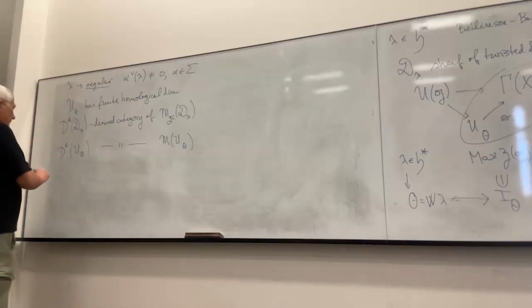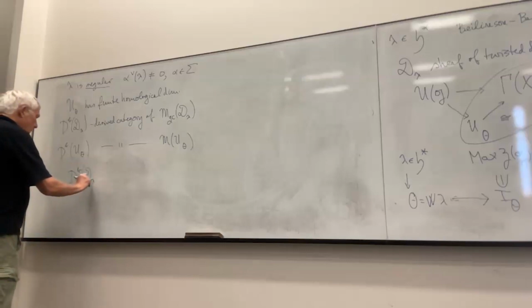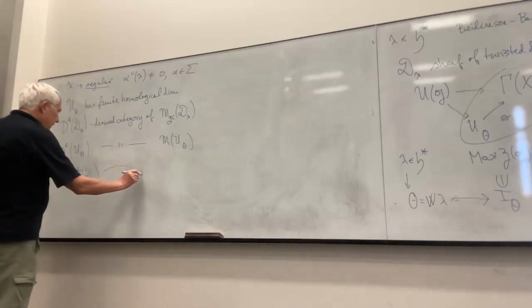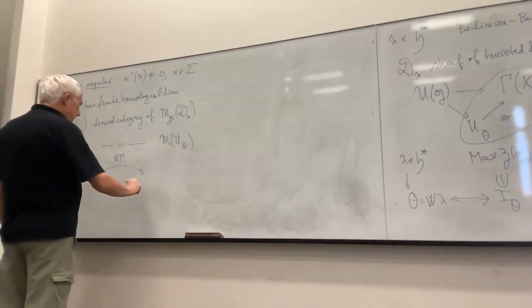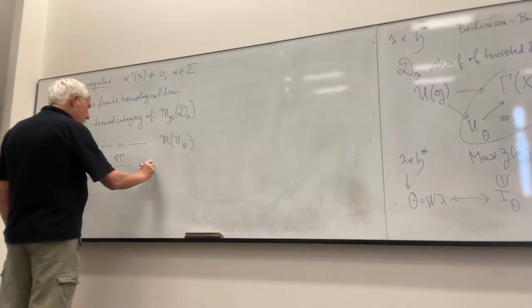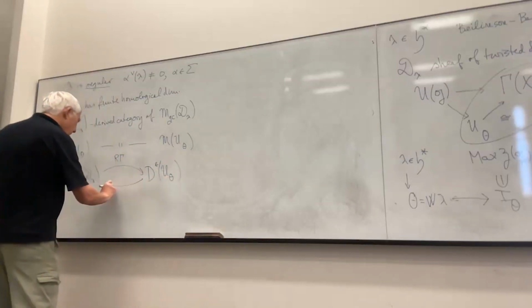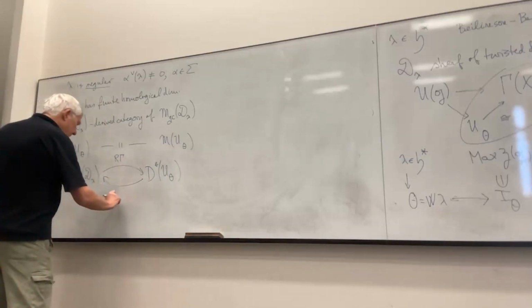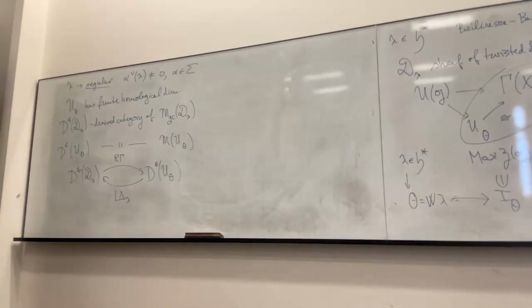So anyway, now we have the following situation. On D^b of D lambda, we have the derived functor of cohomology, R gamma, to D^b of U theta. And we have the derived functor of localization, which goes in the opposite direction.